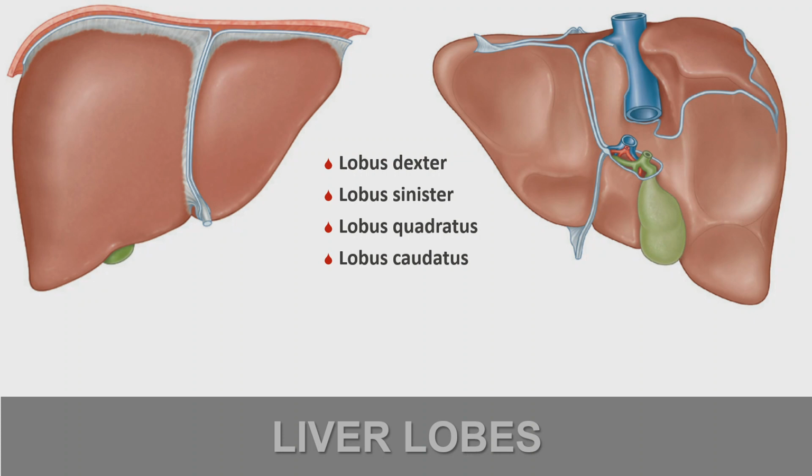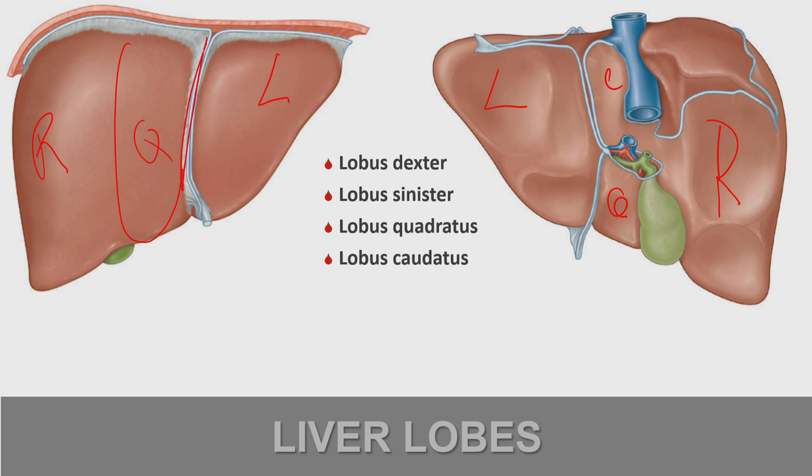On macrostructure, we have lobes. I have said that we have a dexter, right lobe, left lobe, and here we have the quadrate. The quadrate is seen also on the surface, but it is not divided by an outside structure on the anterior surface of the liver, and here is the caudate.